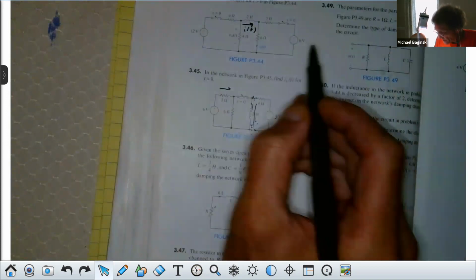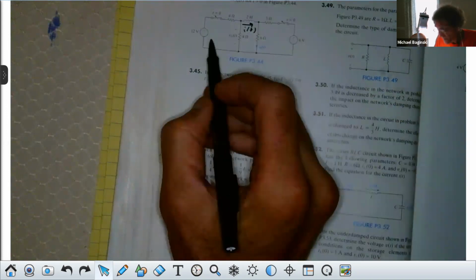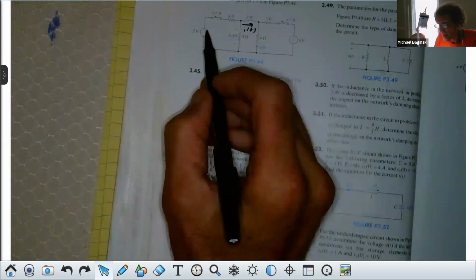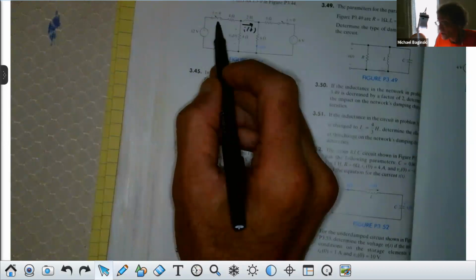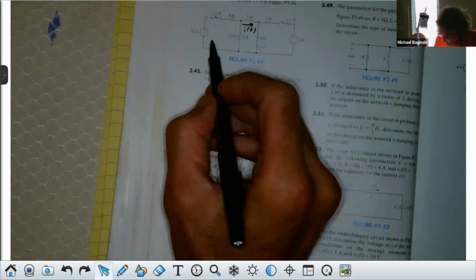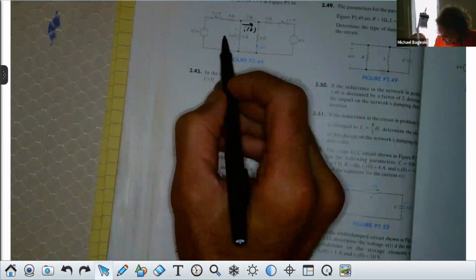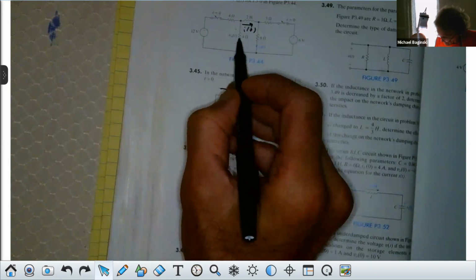So if I do a source transform, I take 12 divided by 4, I get 3 amps, right? It would be in parallel with 4 ohms, wouldn't it? Now, I'm not going to draw it right now. I'm just talking my way through. Do you agree with that at least? I would have 3 amps in parallel with 4. Okay, and I can see that this 4 and this 4 I could absorb into one. That's fine. Just leave it alone at that.